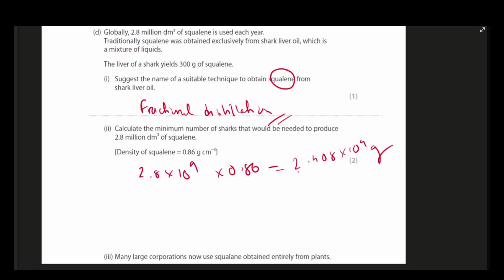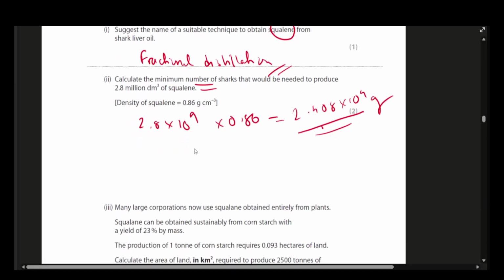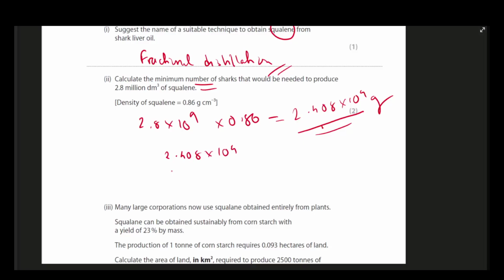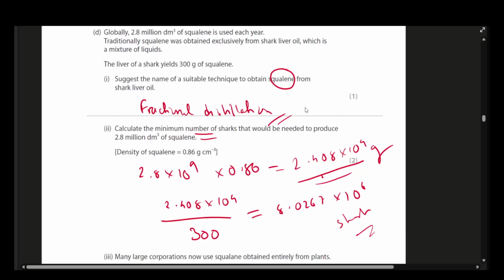So the minimum number of sharks would be 2.408 times 10 to the power 9 divided by 300, which is about 8.0267 times 10 to the power 6 sharks. So this is the minimum number of sharks required to produce 2.8 million dm³ of squalene.